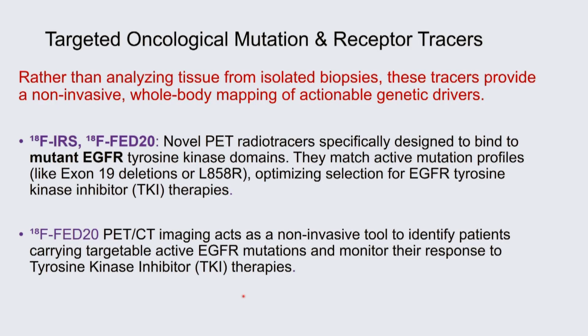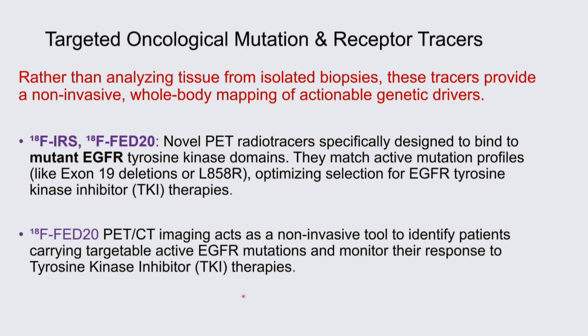Rather than analyzing tissue from an isolated biopsy, this tracer provides non-invasive whole body mapping of actionable genetic drivers. Fluorine-18 IRS and fluorine-18 FED20 are novel PET radiotracers specifically designed to bind the mutant EGFR tyrosine kinase domain.